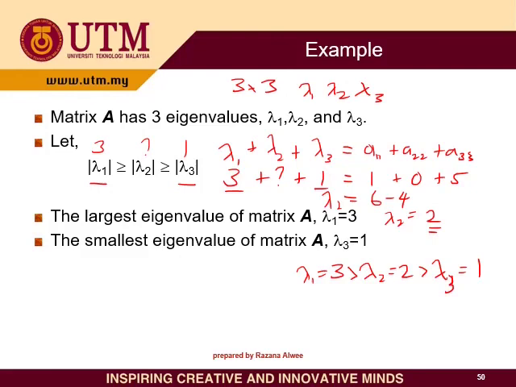But we only find the eigenvalue, which is 2. We cannot find the v2. We can only find the eigenvalue of the middle one, lambda 2, but we cannot find the eigenvector.